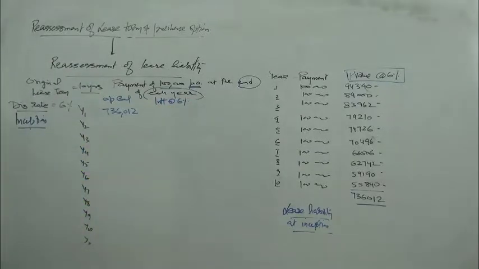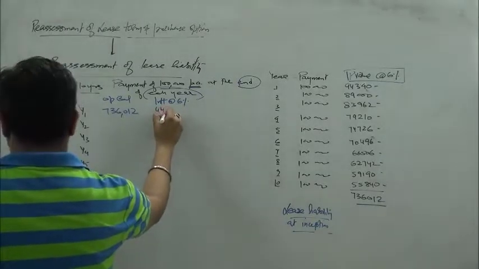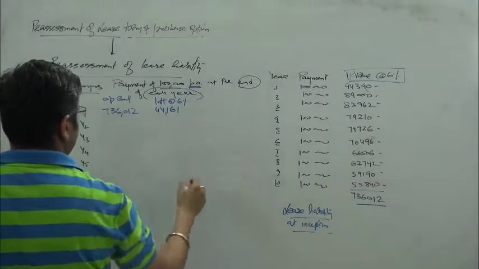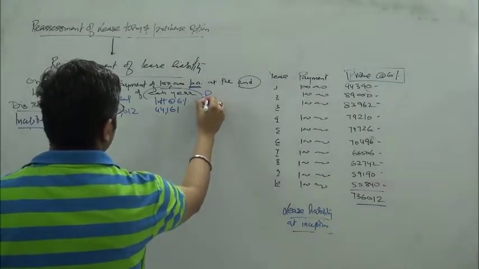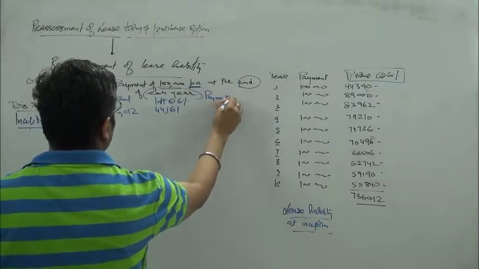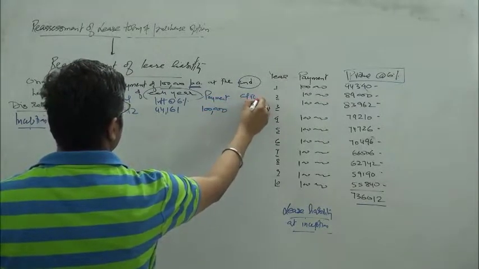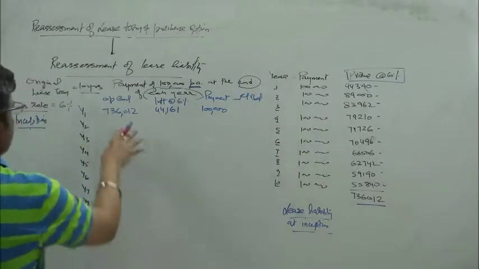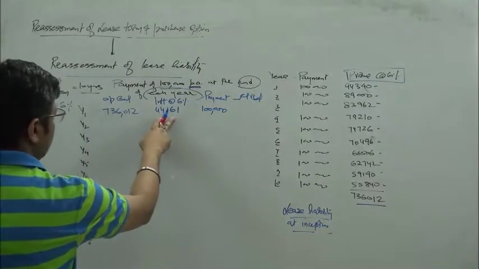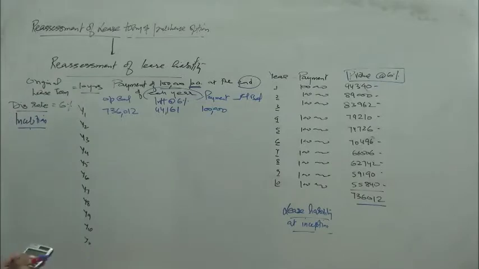So the opening balance, when I take this calculation, 736012 into 6%, that gives me around 44161. But I've made a payment of 100,000 towards the year end. That gives me a closing balance of 736012 plus 44161 minus 100,000.